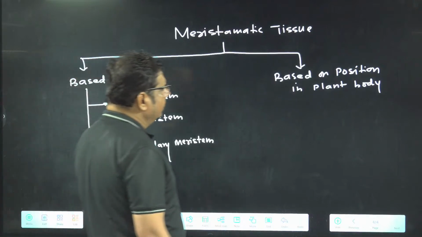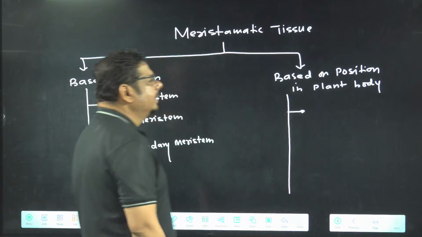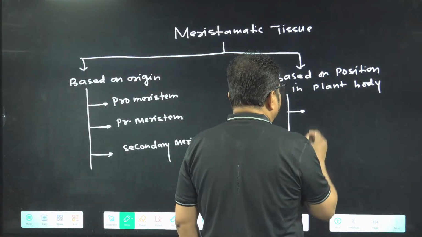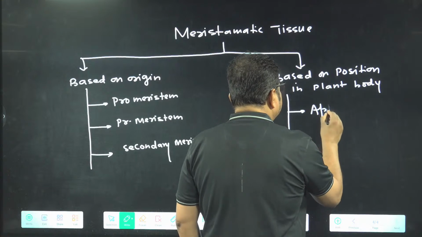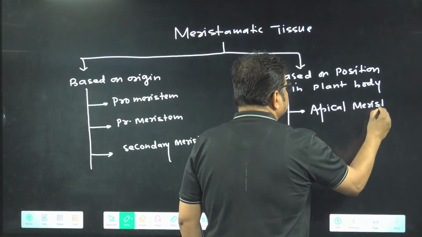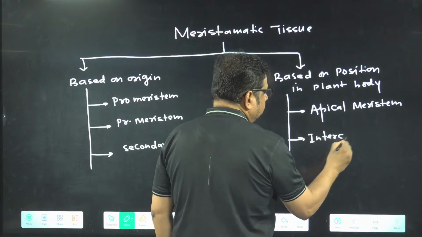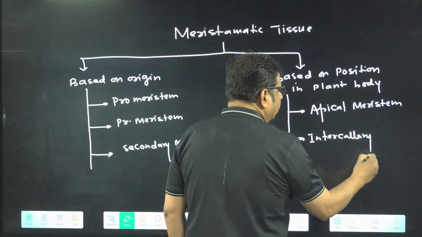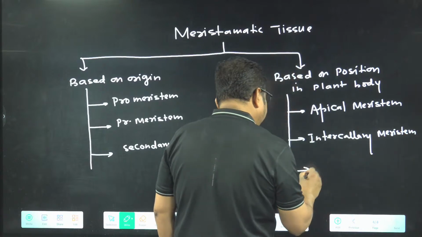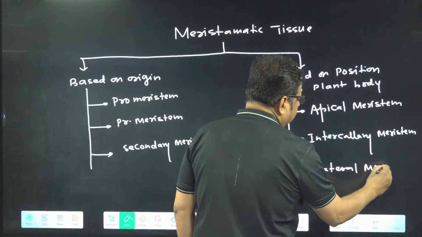Later on, I am writing the classification of the meristem based on position in the plant body. Based on position in the plant body, meristem is also of three types: apical meristem, second one is intercalary meristem, and the third one is lateral meristem.